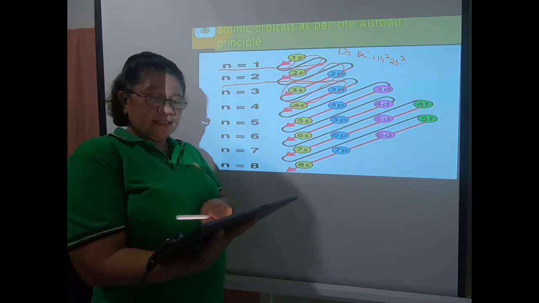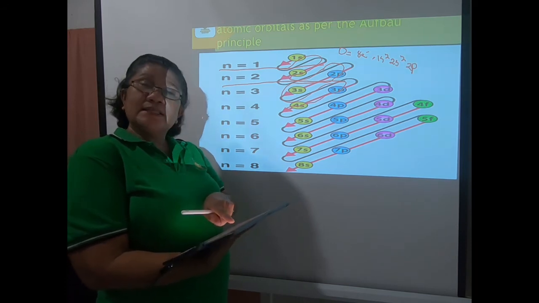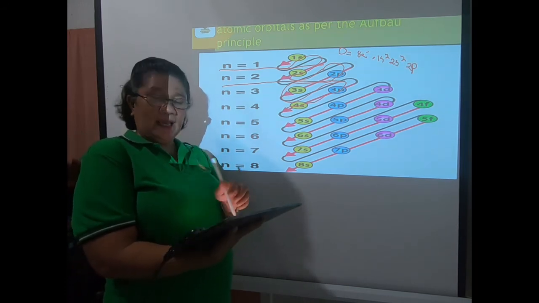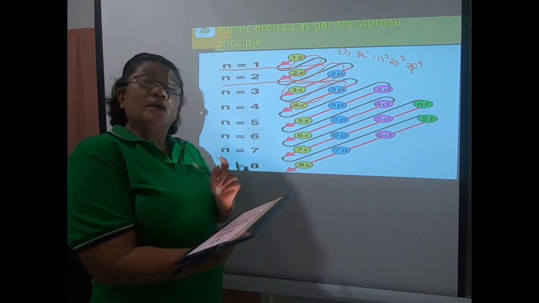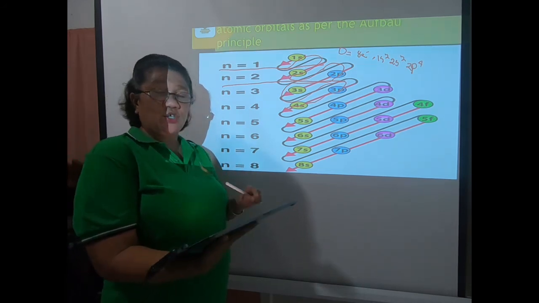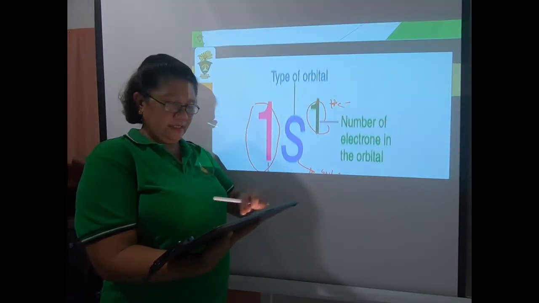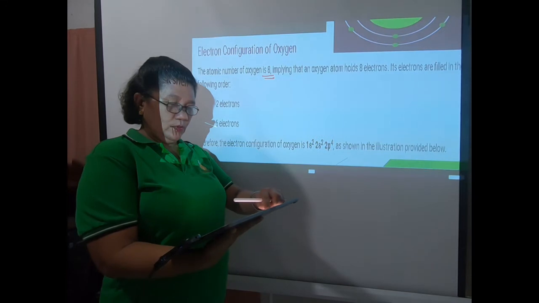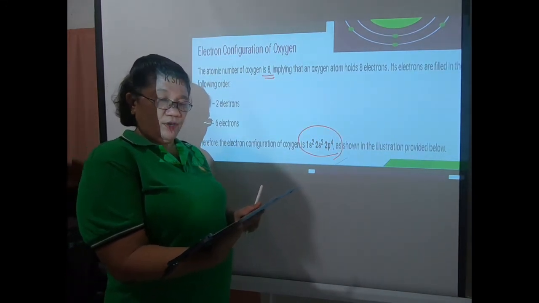Then the next is 2p. Okay, but what is lacking is 4 electrons only. So that will be your electron configuration for oxygen.